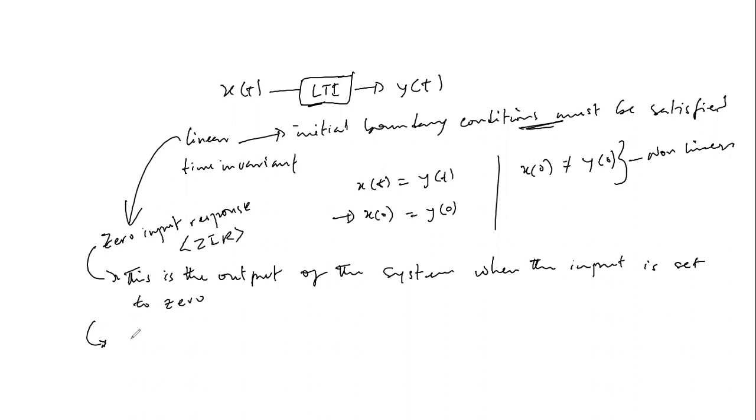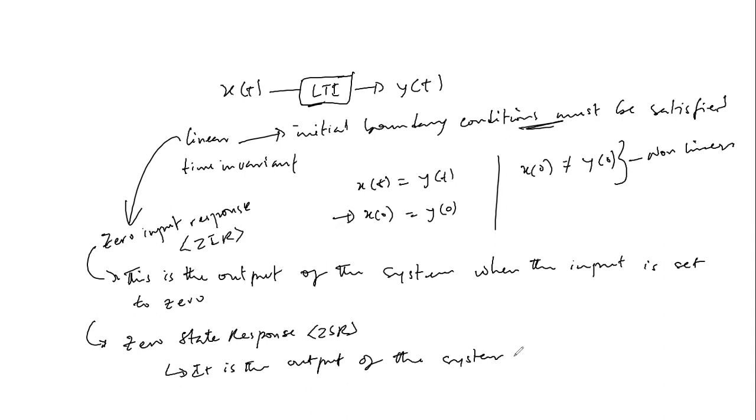we therefore investigate the zero state response, which is ZSR. And this is the output of the system when an input is applied to the system. So it is the output of the system when an input is applied.